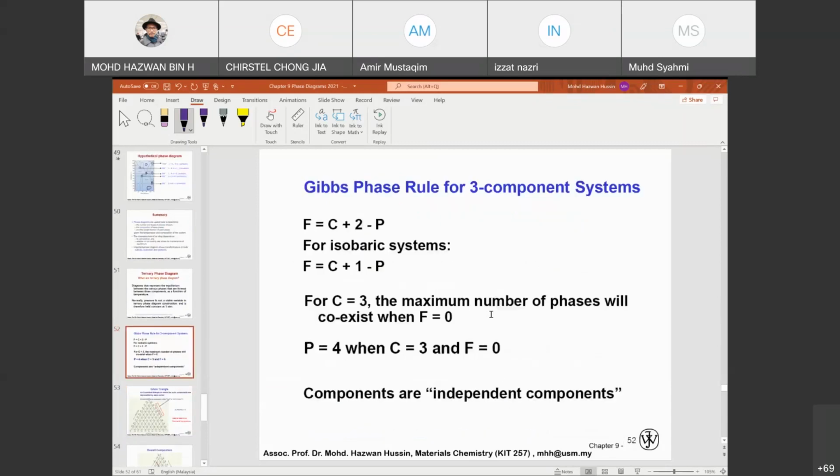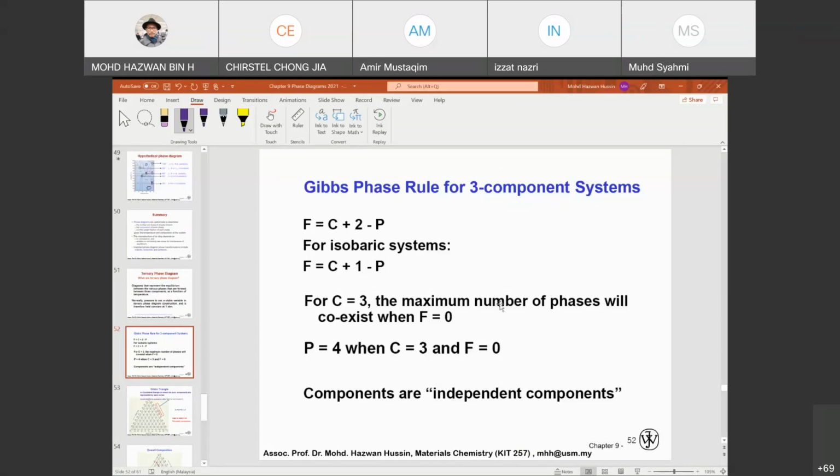So the Gibbs phase rule for a three-component system is as follows: F equals C plus 2 minus P. If you have an isobaric system, what does isobaric mean? Anyone remember from physical chemistry? Who knows? Isobaric means you have a constant pressure.